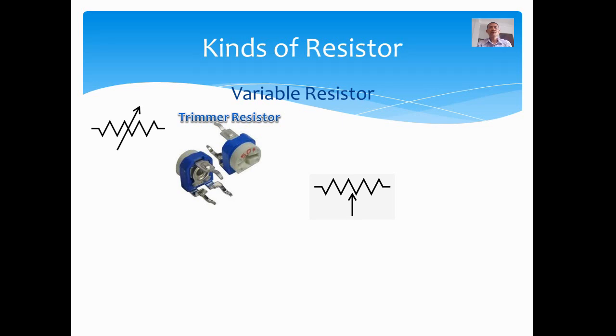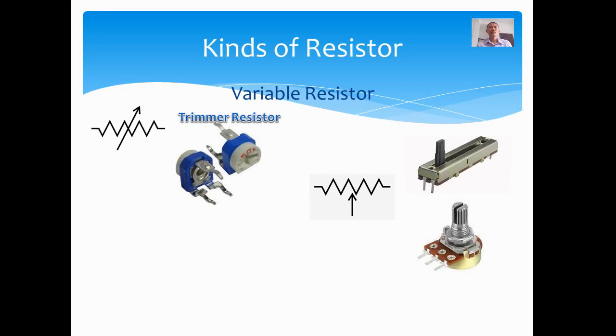The first component you see on the screen is a slide potentiometer. Basically, this one is used to adjust volume. This is used for volume controls, like on a mixer, the one used by the DJ, and the other one is used for controlling audio or sound.